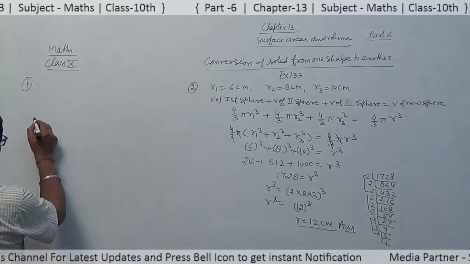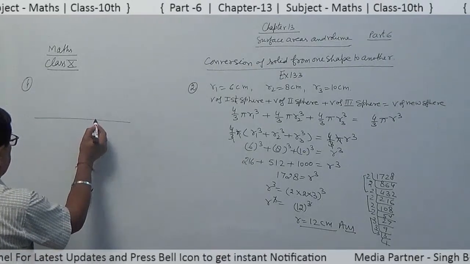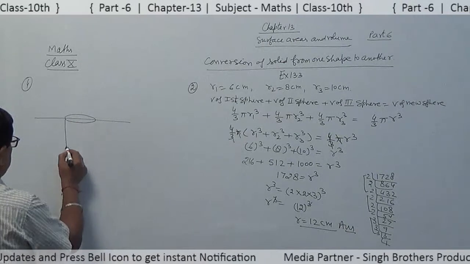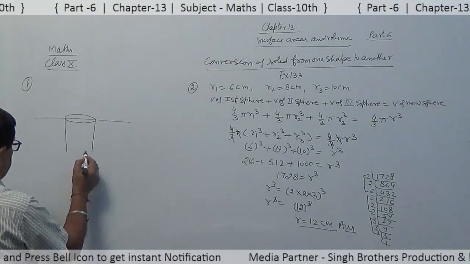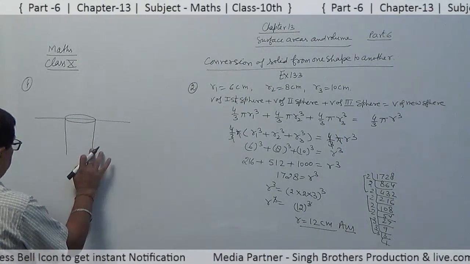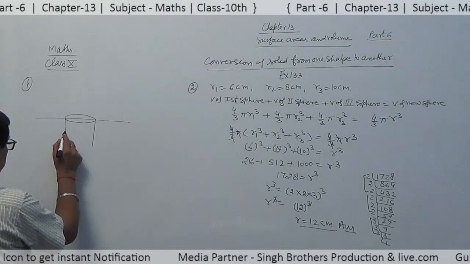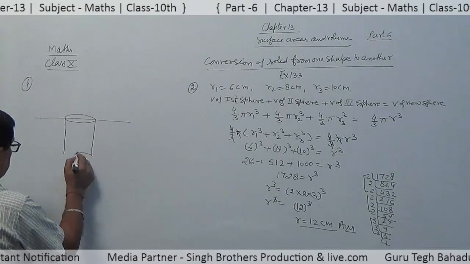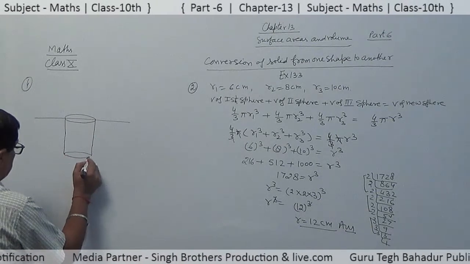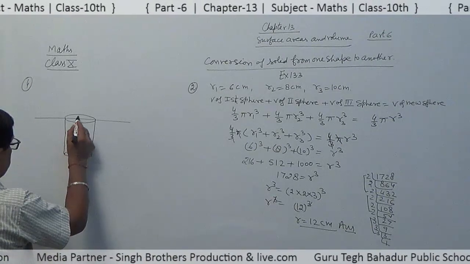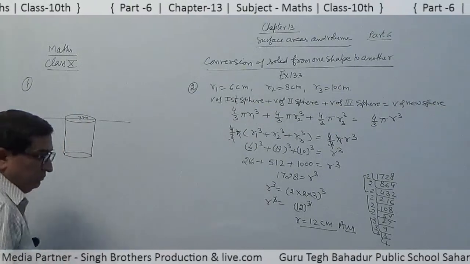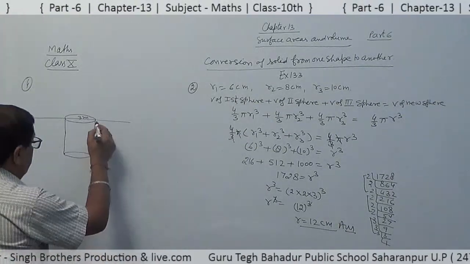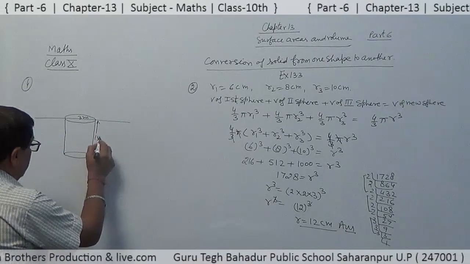This is your earth level and this is the well that is dug out. Its diameter is 3 meter and its depth is 14 meter.